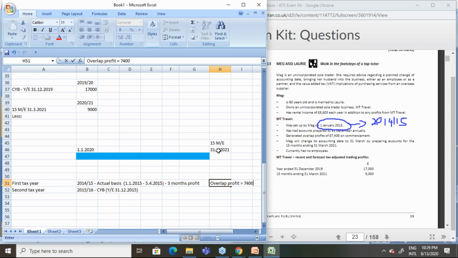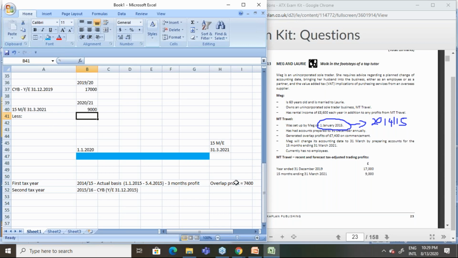And assessable period cannot exceed 12 months, though we have prepared accounts of 15 months. So the 15 months time period should be reduced to 12 months. How can you do that? If you have any overlap profit, that overlap profit can be used to reduce the 15-month period to 12 months.